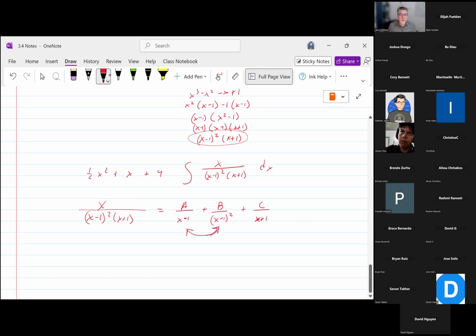If they don't occur, that's fine. A would be 0 or B would be 0. I would only end up with one scenario, but I have to account for the fact that both could occur. Whenever you have a repeated factor, you have to take into account that your denominator could have been a single factor, or it could be a double factor. Okay, so two scenarios here.